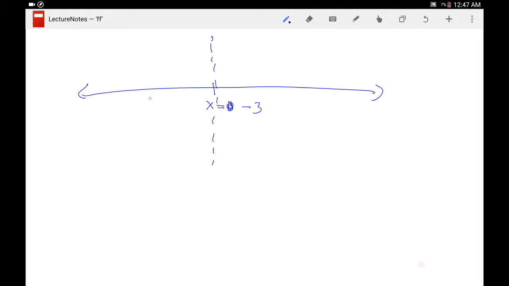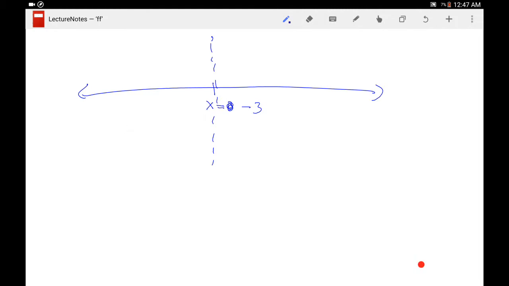To check that, I can pick a test value from each interval. This interval is less than -3, and this interval is bigger than -3, -3 to positive infinity.